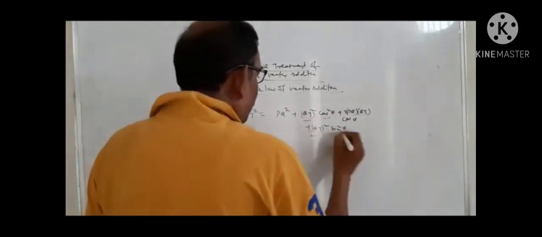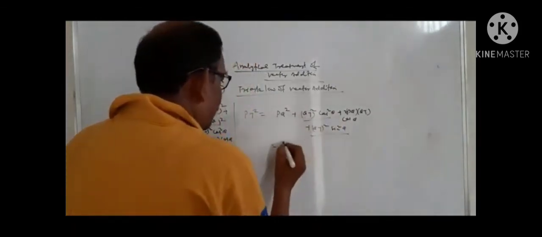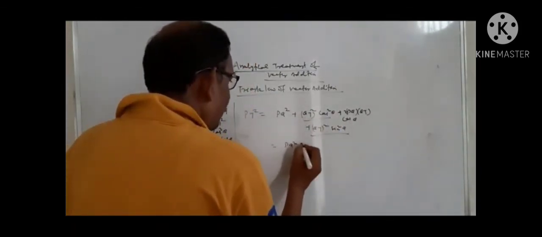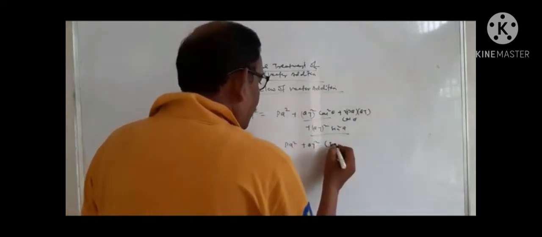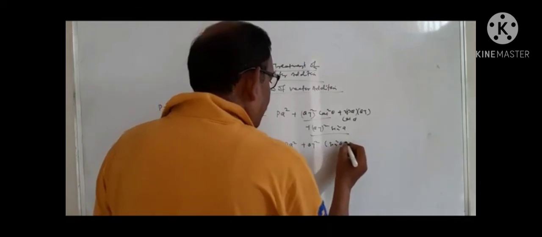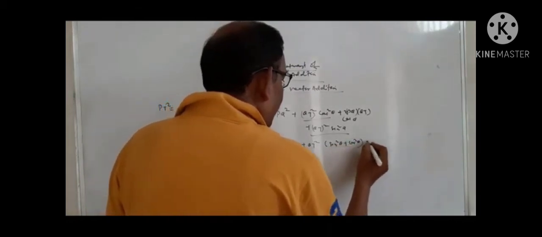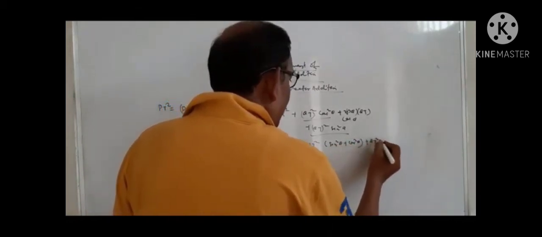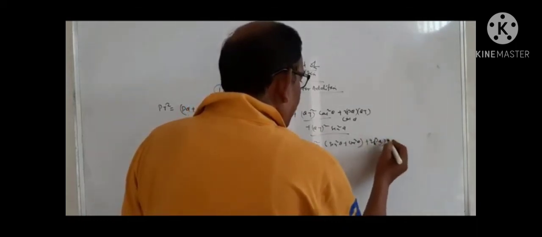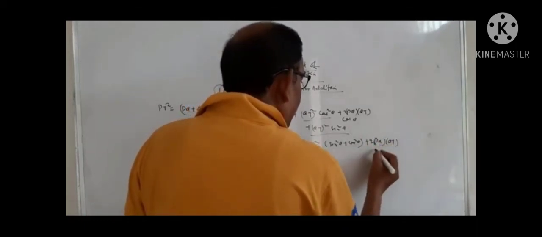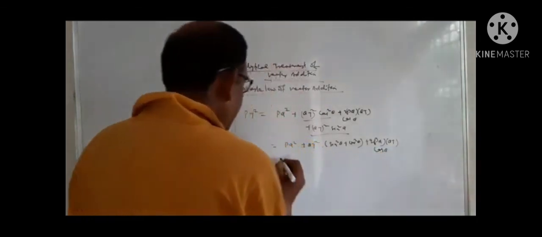Now you have to expand this one. Keeping these two values in bracket, by taking QT square common, it is QT square times sin square theta plus cos square theta, plus 2 PQ QT cos theta.